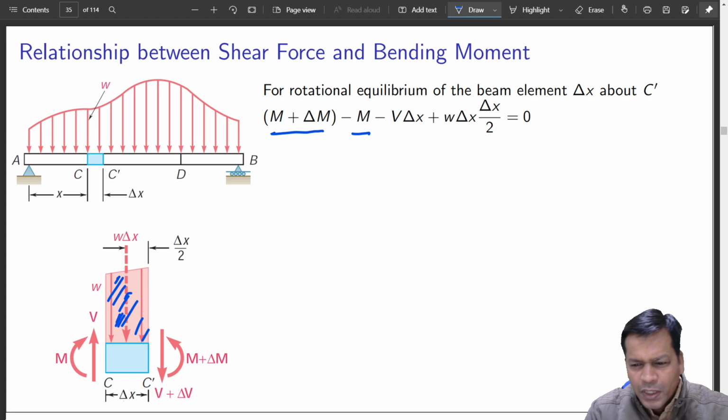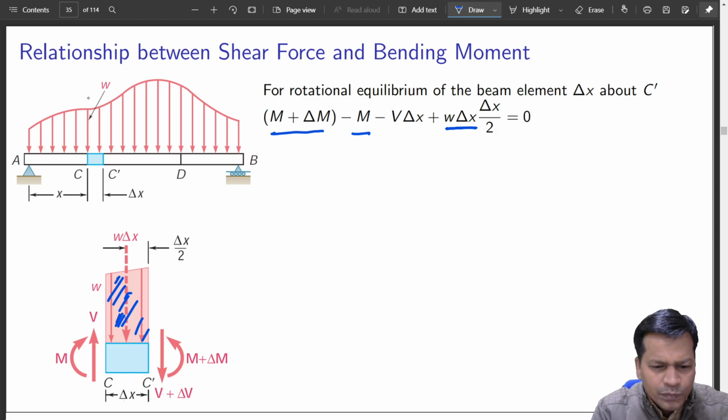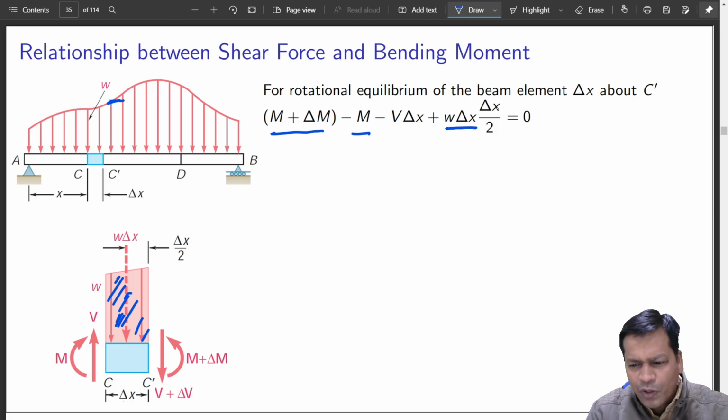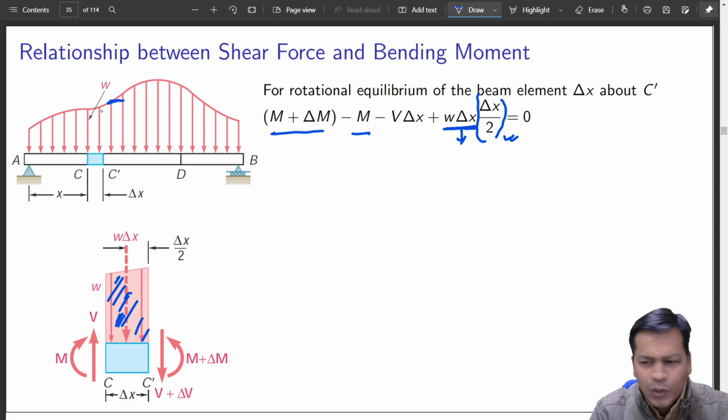So if W delta x is the load that acts on this region, okay, if I assume within any small span it is almost constant, so that acts at a distance of delta x by 2, that is correct. Yes. So W delta x is the total load that acts downward due to the loading. And where does it act? It acts at a distance of delta x by 2.